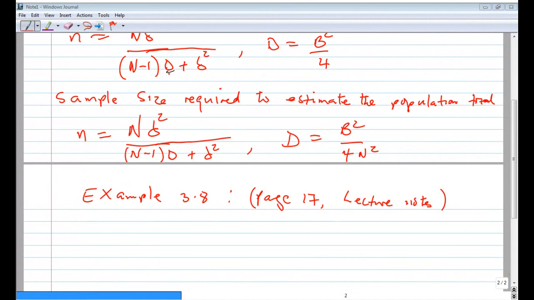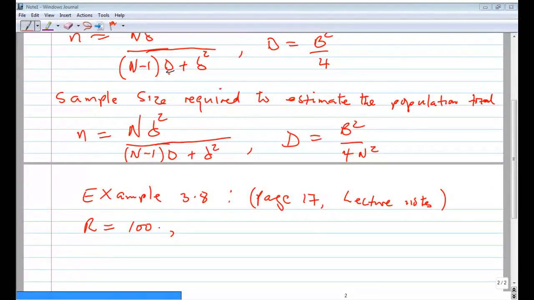Now let's start. Like I said, the population variance is not given. Let me write the given information here. They gave us a range, which is equal to 100. Let's just forget about the dollar.